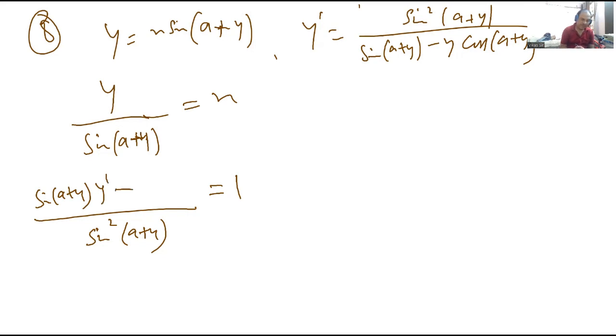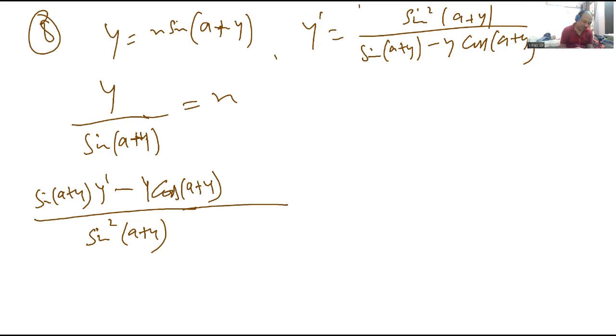Then furthermore, now what I have to do is put y as it is, and differentiate the denominator part. The denominator part here is sine (a plus y), and it will give me cos (a plus y). Furthermore, there I have to apply the chain rule, because here the angle is not x, the angle is a plus y.